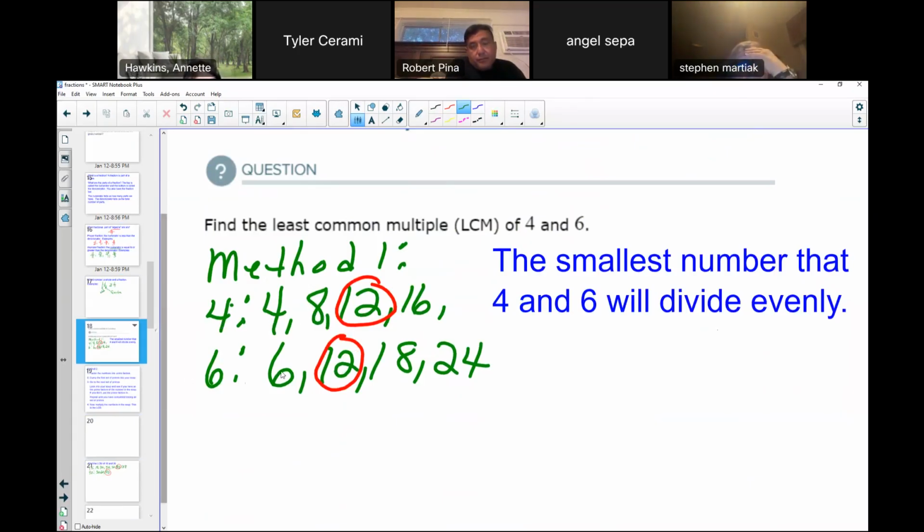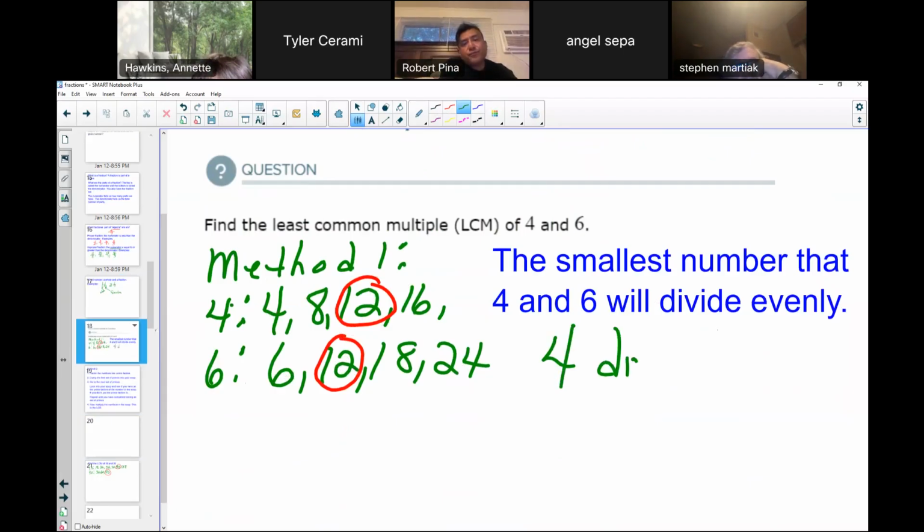Take 6 and keep adding 6 to it. 6, 12, 18, 24. And then we're going to find the smallest number that's in common. Okay? The smallest number that's in common. And so the least common multiple would be 12. The smallest number that 4 and 6 would divide.